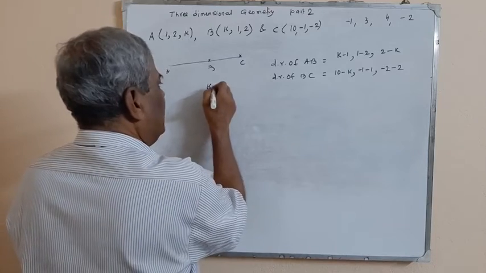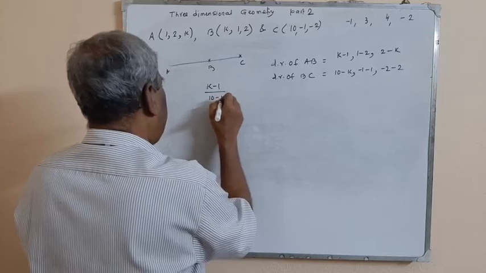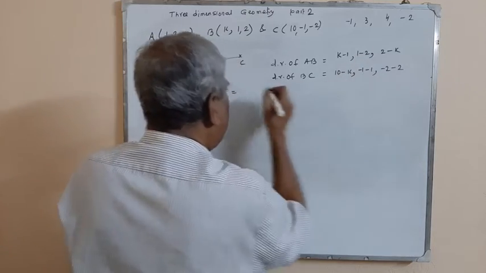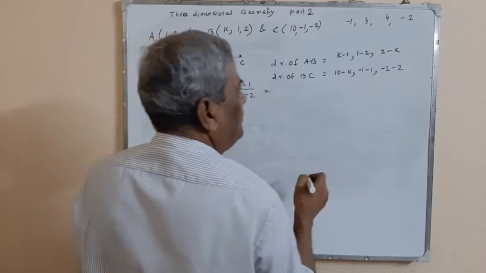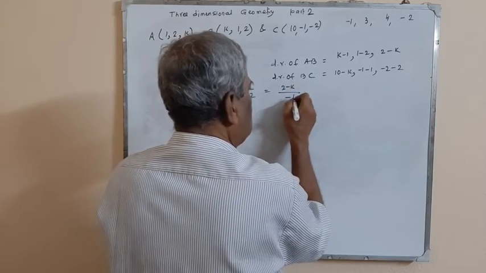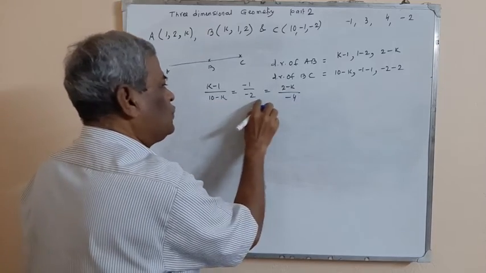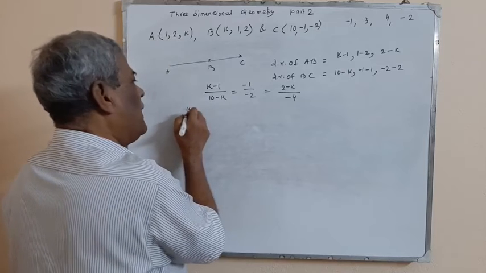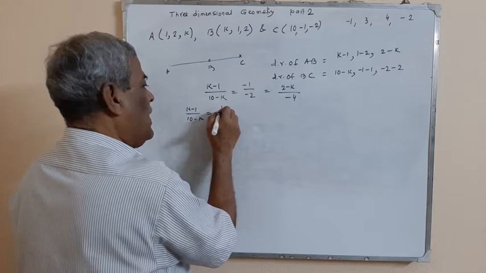Hence, k minus 1 by 10 minus k is equal to minus 1 by minus 2 is equal to 2 minus k by minus 4. Now, equating the first two ratios, k minus 1 by 10 minus k is equal to half.